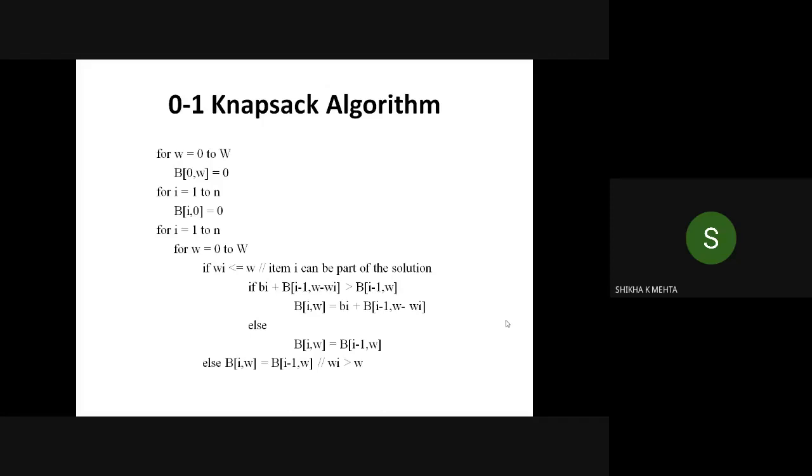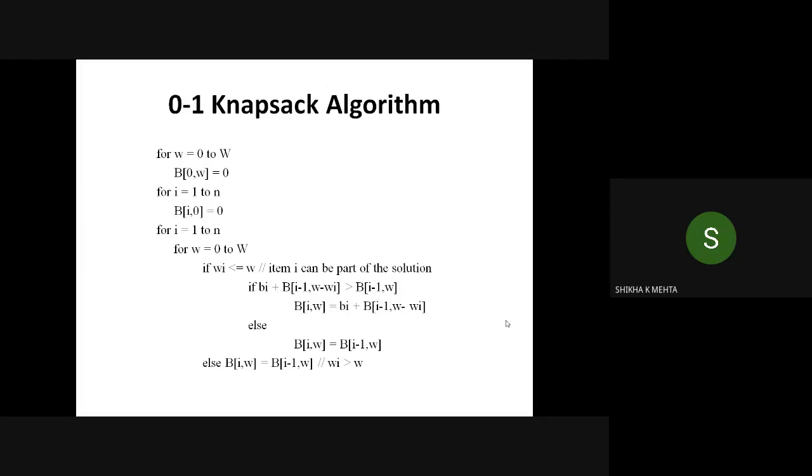How do we reduce the complexity? Through the concept of memoization. So here we are creating a 2D array, where we put the weights of the knapsack. If the capacity of the knapsack is 8, let us say, we will take the capacity from 0 to 8.